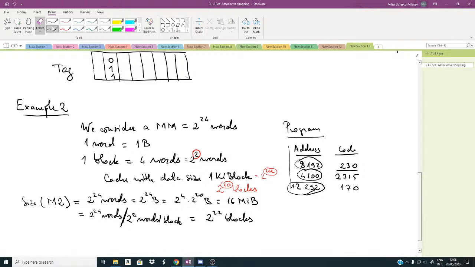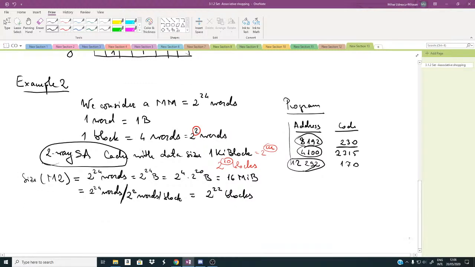Because we are talking about two-way set associative mapping. That's what we are talking about right now. The size is everything is the same.